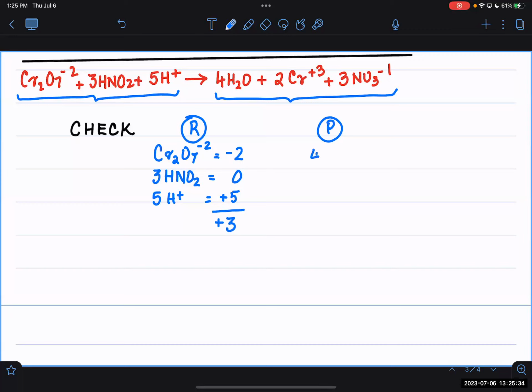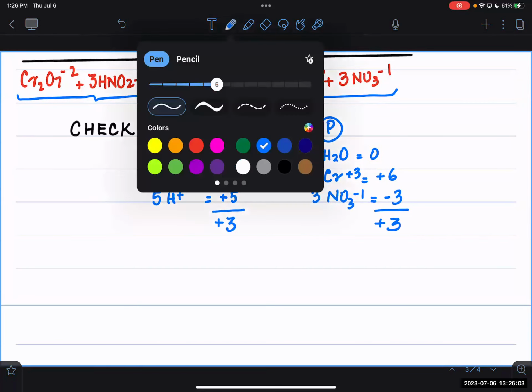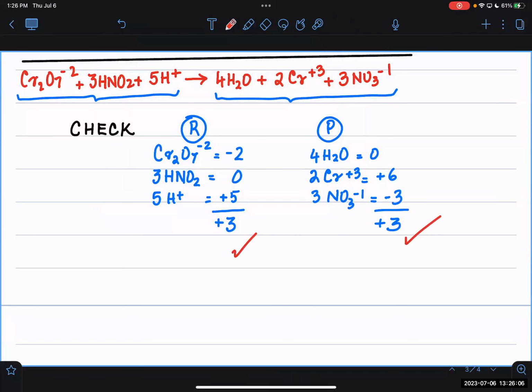Now this one: 4 H2O is giving you 0 charge, 2 Cr plus 3 is giving you plus 6 charge, and 3 NO3 minus 1 charge is giving you minus 3 charge. So what do you get? Positive 3. So this is how you check whether you got your answer right or not. You don't even have to look at the answer key; if both the charges are the same, your equation is balanced.